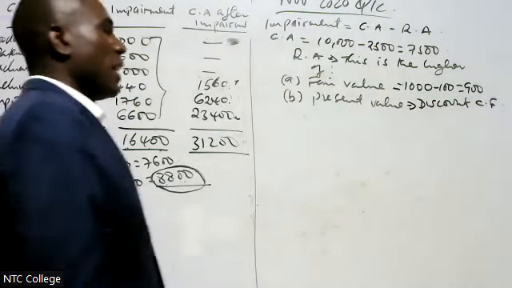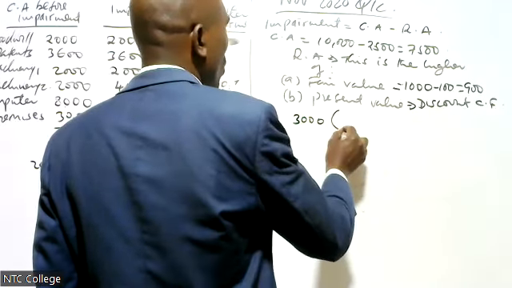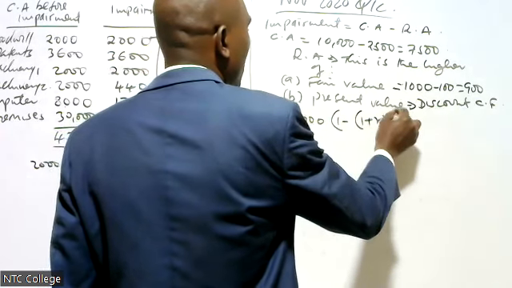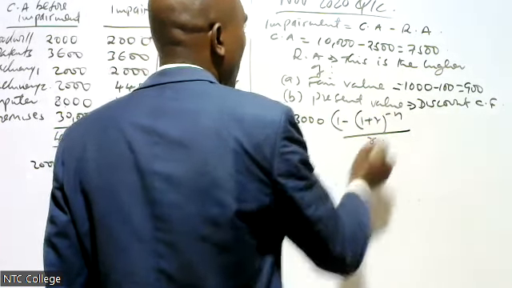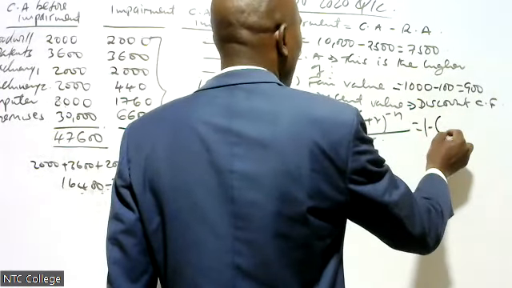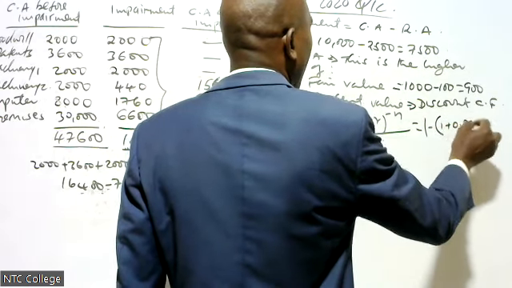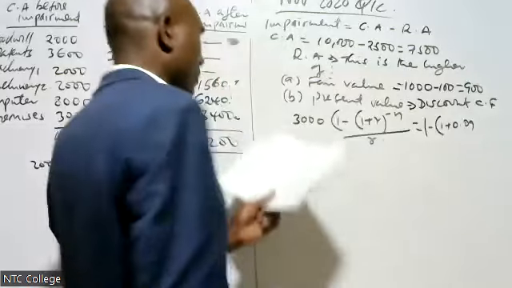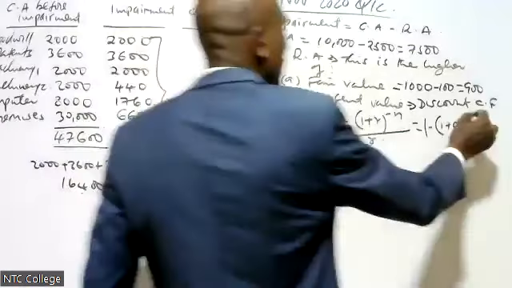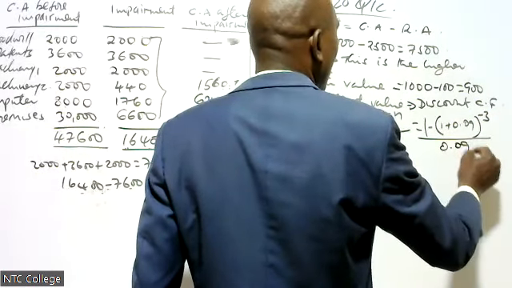This is an annuity. If I want to discount an annuity, I will take 3 million times 1 minus (1 plus r) raised to negative n, divided by r, which is 1 minus (1 plus 0.09) raised to negative 3, divided by 0.09.